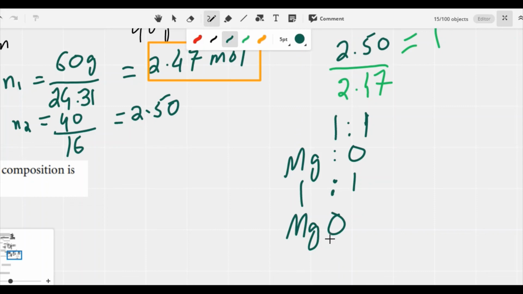Based only on the empirical evidence from the investigation, the formula of this compound could be MgO or Mg2O2 or Mg3O3 or any other multiple. So we would need to know the molar mass of the compound to be able to determine the molecular formula.